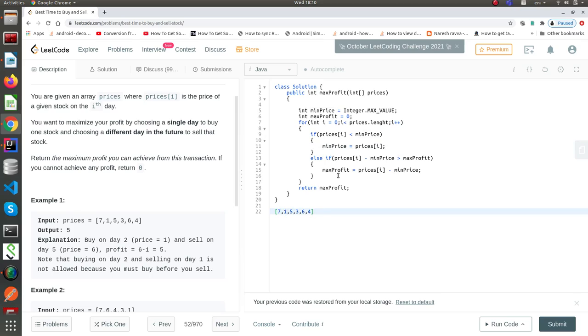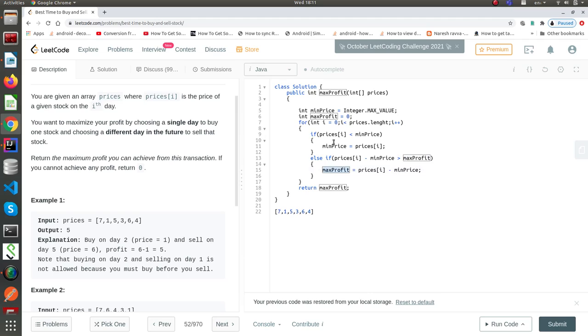Then i increased to 2, so 5 is less than 1, no, 5 is not less than 1. So now we need to subtract: 5 minus 1 is 4. 4 is greater than the max profit, yes it is, so the max profit will be 4 now.